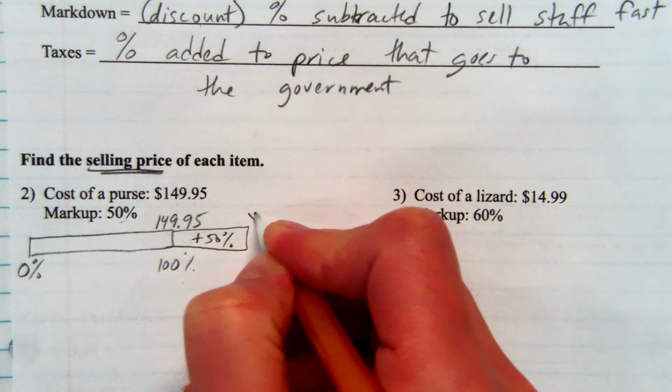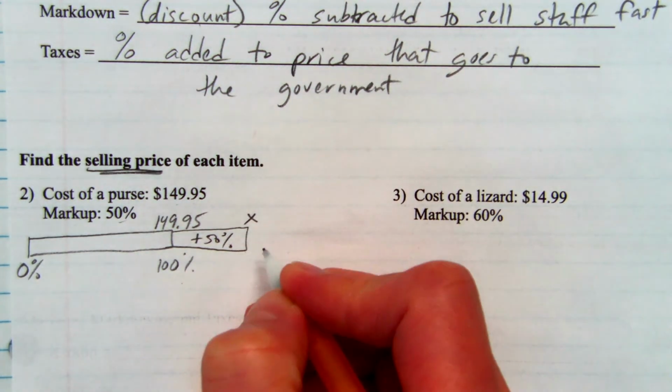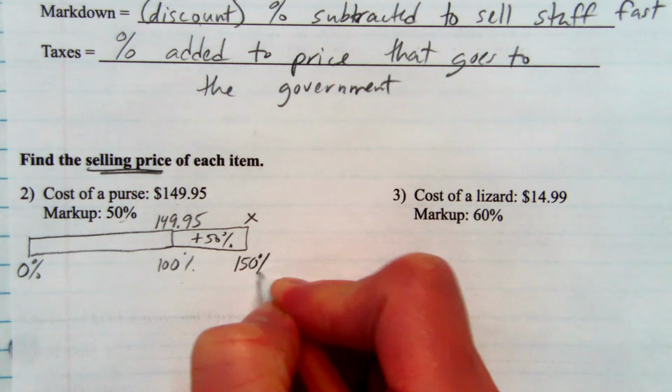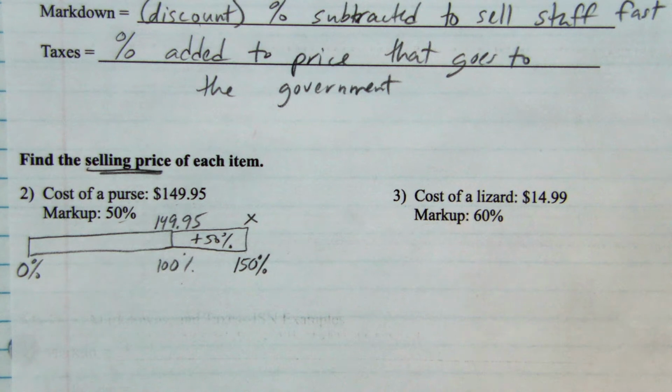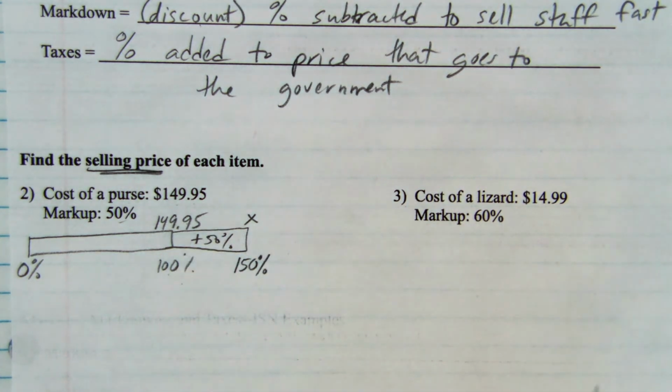And so we don't know what that's going to be. But we know that it's 50%. So we're paying 150% of the price. So you could easily set up your proportion to solve this. There is a shortcut, which we'll talk about in a minute. But if it had been like 47%, the shortcut wouldn't have worked as well. So let's just do it this way first.